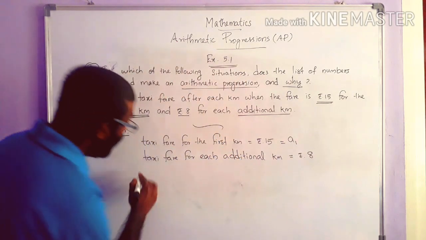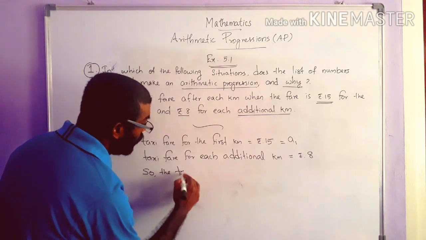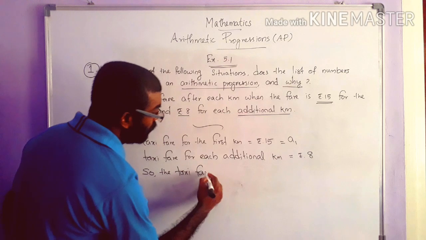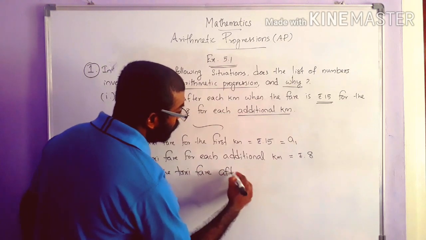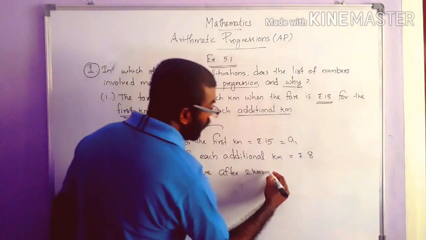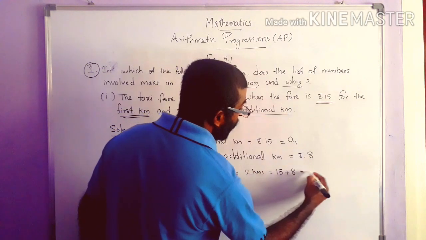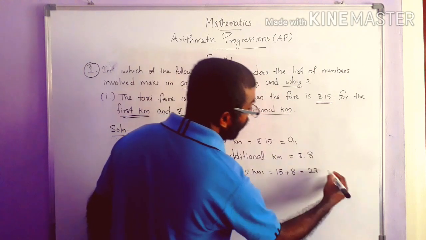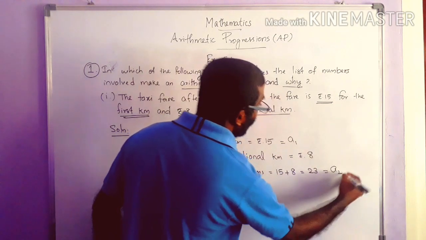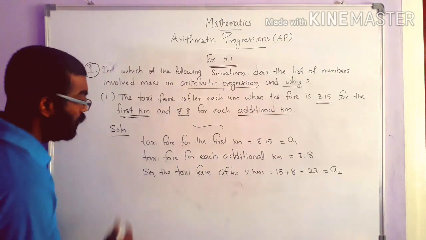So the taxi fare after 2 kilometers is 15 plus 8, which is equal to 23. Let it be A2, the second term of this sequence.